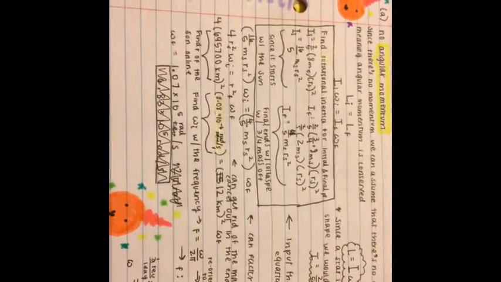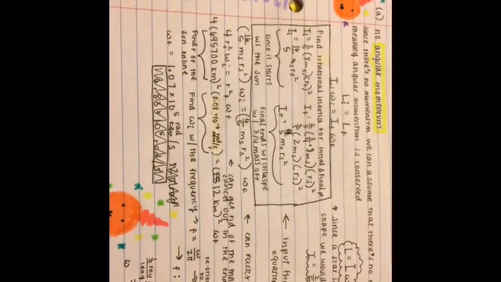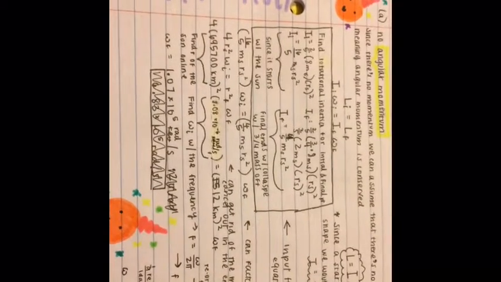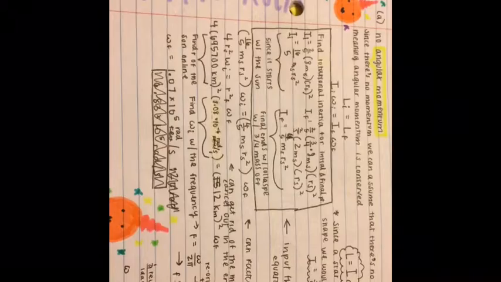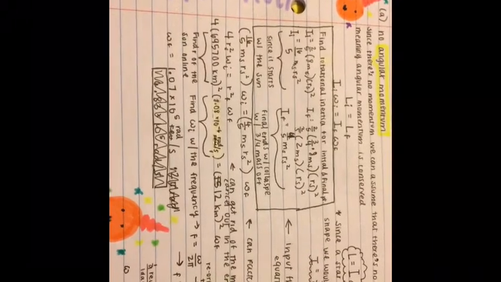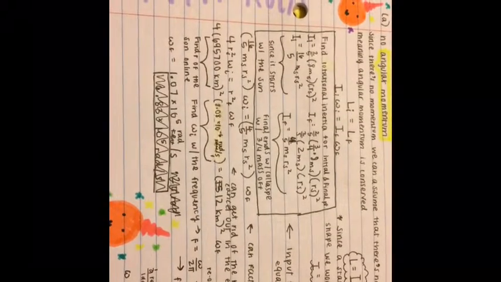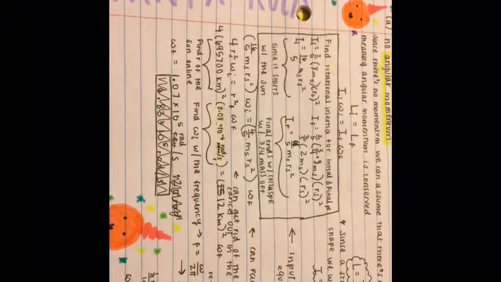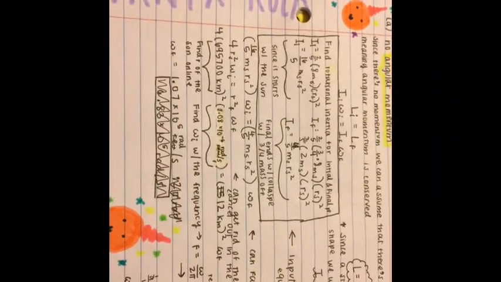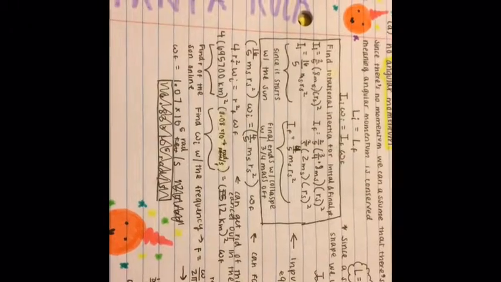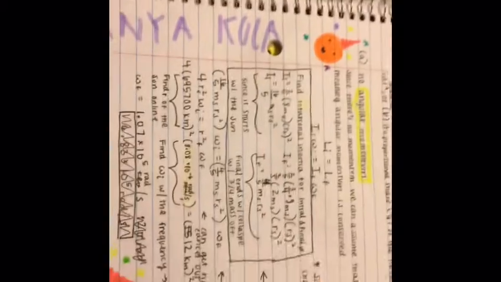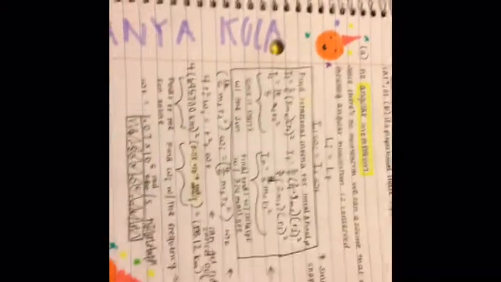Then we can set up our conservation of angular momentum equation, which is L initial equals L final, L symbolizing angular momentum. We could expand the equation by using the angular momentum equation, rotational inertia times angular velocity. By substituting it in both the initial and final sides, we get this equation right here.